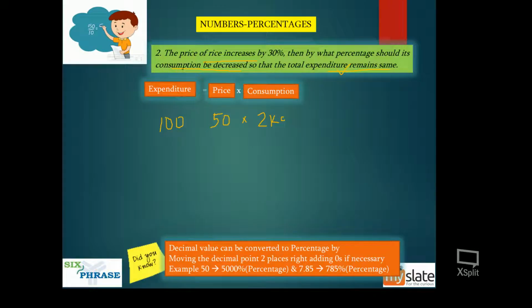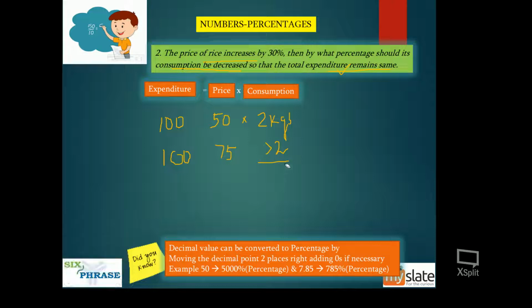But when it is 75 and expenditure remains the same, so 100 remains 100, you cannot make it 150. Now can you get 2 kgs here? No, right? So it must obviously be less than 2 kgs.